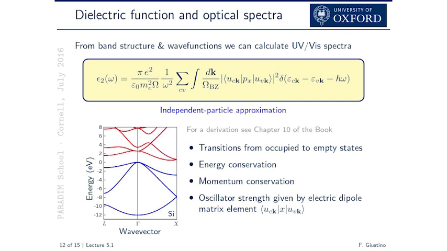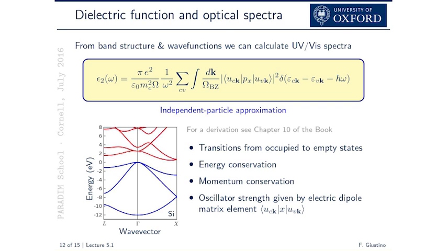The other thing is that people say, oh, you need to do energy conservation when you study these things. That's only a statement about this Dirac delta function, okay? It means that you can only have transitions if the difference between the occupied and unoccupied state matches the photon energy. If the photon energy is something like this, there is no way for me to go from valence anywhere into conduction, so there is no absorption.